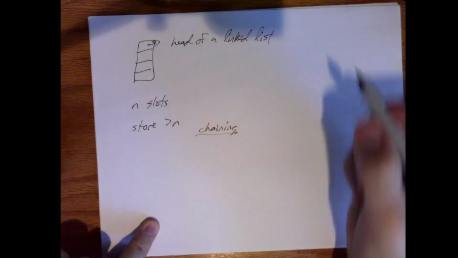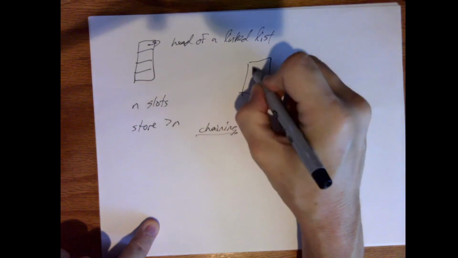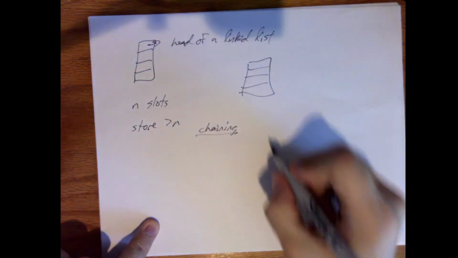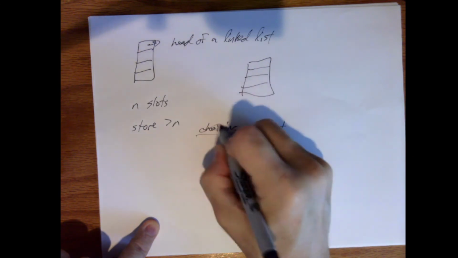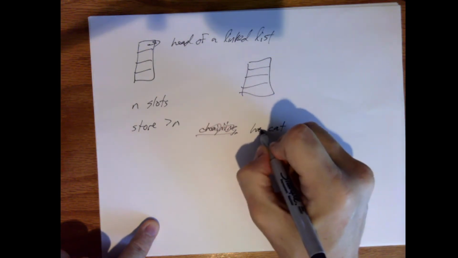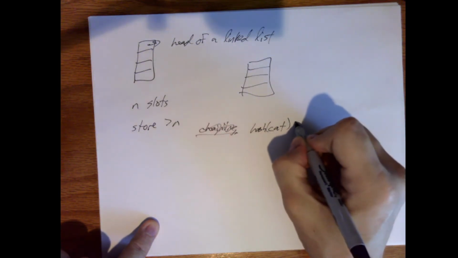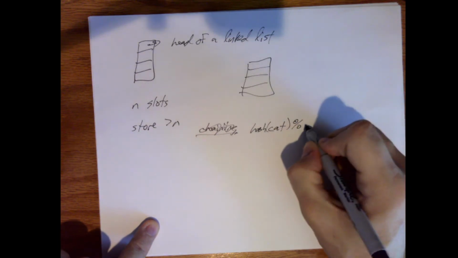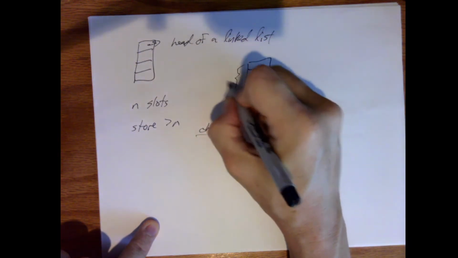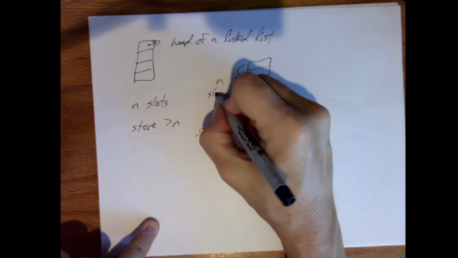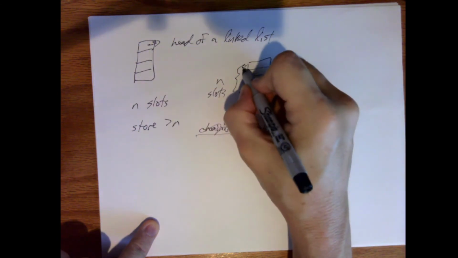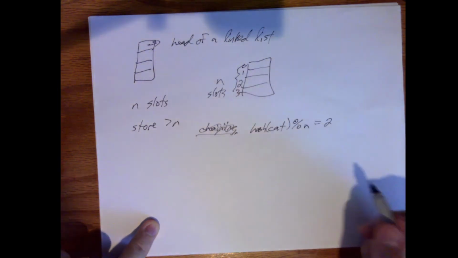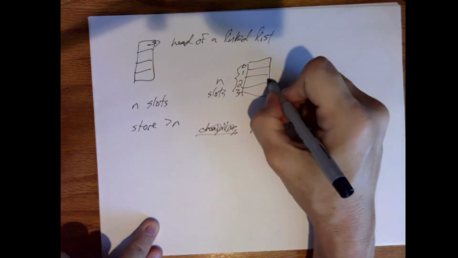So what happens now, let's say you want to store cat. And let's say that hash of cat mod n, for the number of slots here, is equal to 2. So 0, 1, 2, 3. We'll do that. So that means cat goes here.